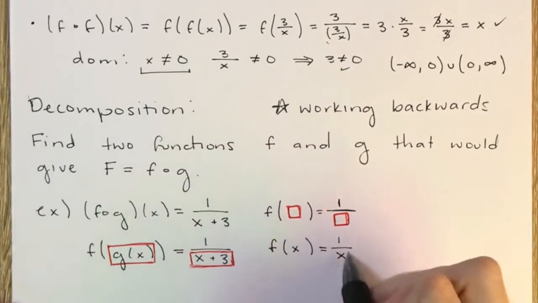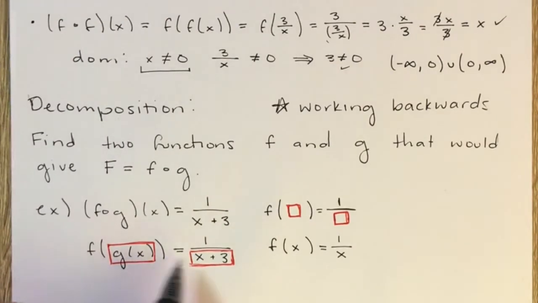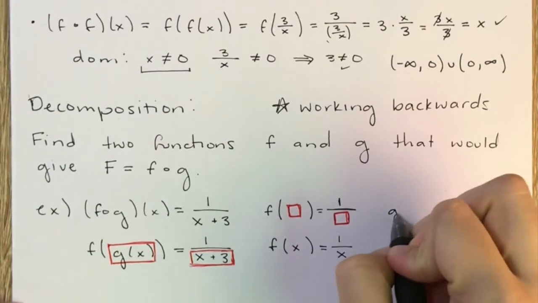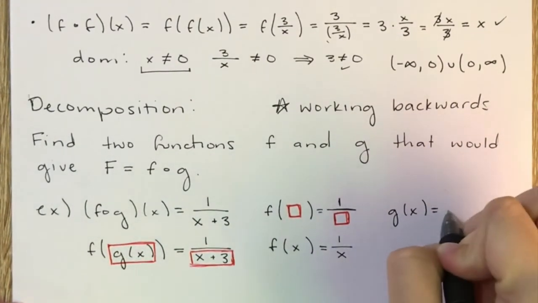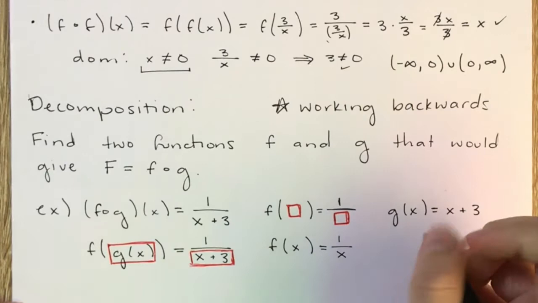So f of x is 1 over x, and g of x, right? We said we're making these equal. G of x is x plus 3. We can check by combining them, right?